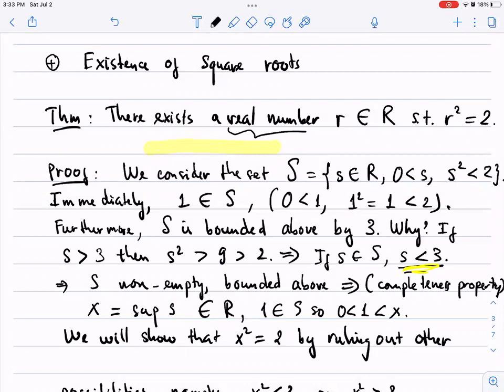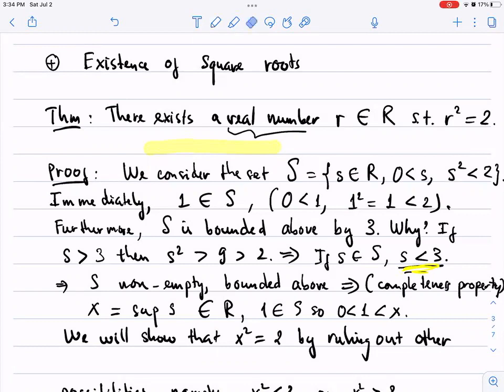Today, we can make that statement rigorous. We can show that there exists a real number r such that r squared is equal to 2. The proof here is a little bit long, so we're not going to discuss it in this video. However, you can read it in the notes or in the textbook.